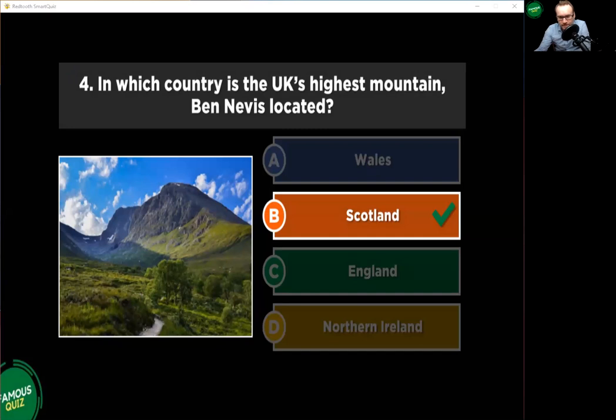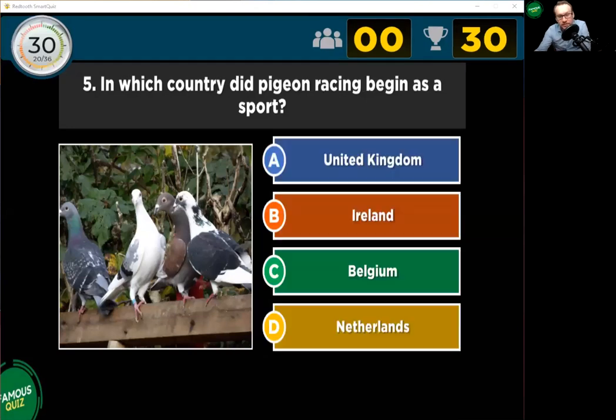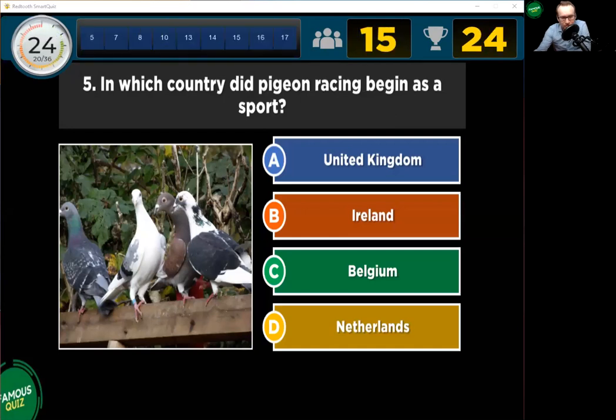Fifth question. In which country did pigeon racing begin as a sport? There used to be a sport, maybe actually even now it's still a sport, but yes, there was racing of post pigeons. United Kingdom, Ireland, Belgium, or Netherlands?